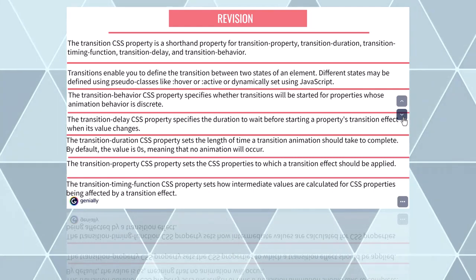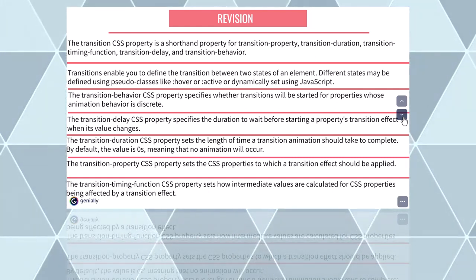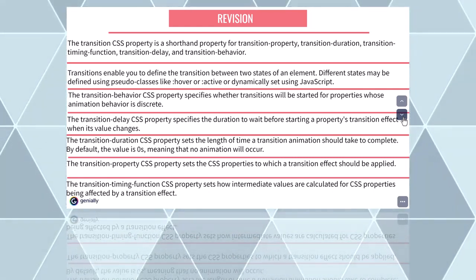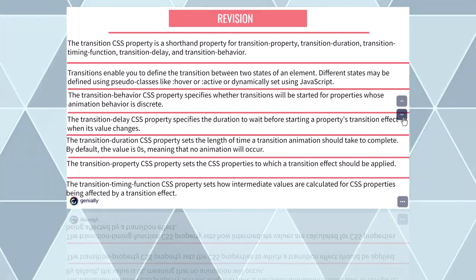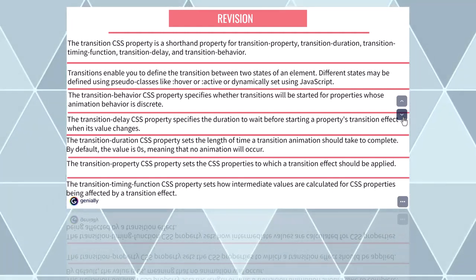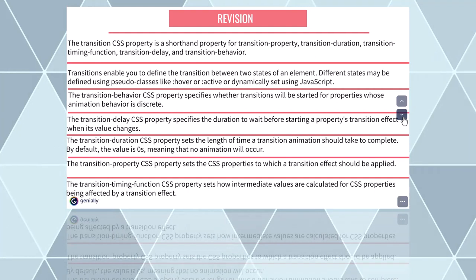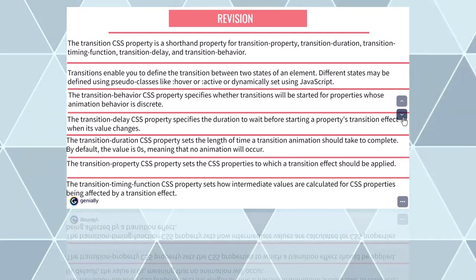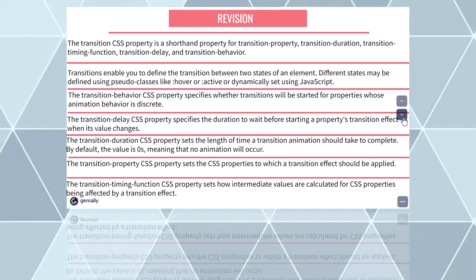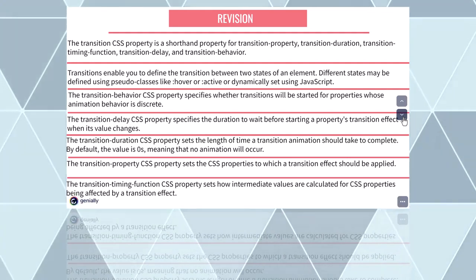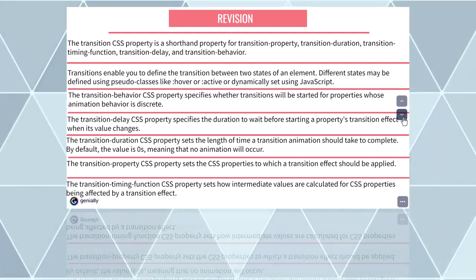Cindy? The transition behavior CSS. Volume? The transition behavior CSS property specifies whether transitions will be started for properties whose animation behavior is discrete. Can you tell us what it means, or explain to us?